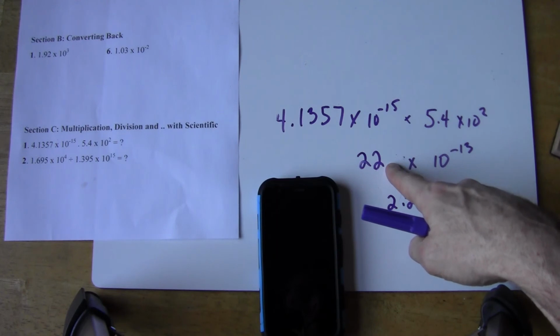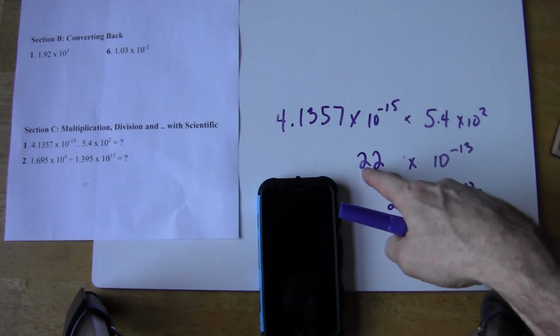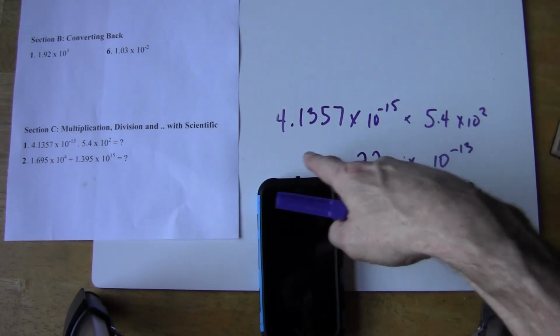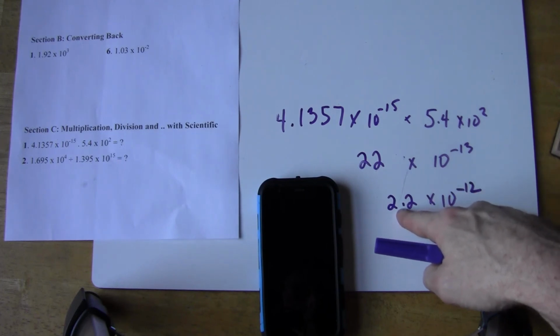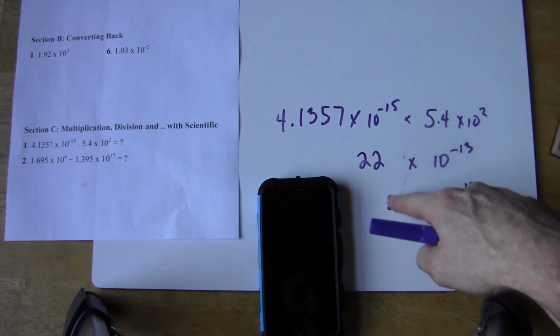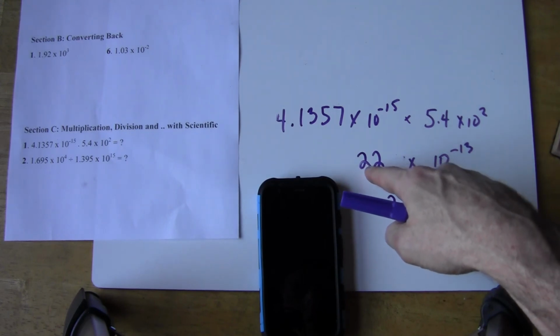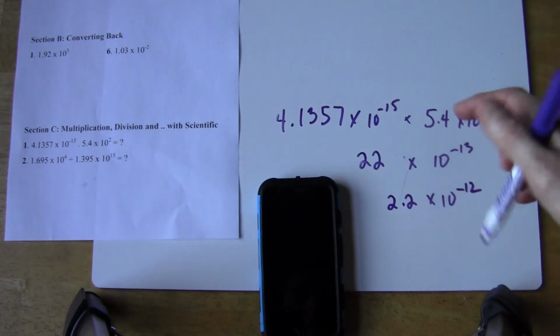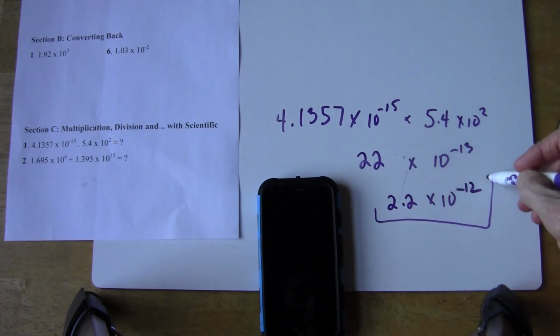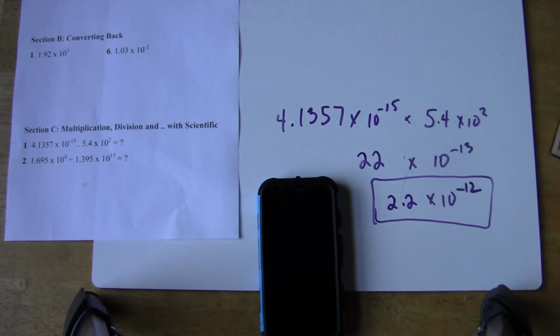If this answer is 22, I would go back 13 places to get to the real answer. Since I brought it back one to start with, just to get it in the right format, I'm only going to have to go back 12 more because I already went back one. So yeah, that's how you do it. Hopefully that helped to see me do that problem and talk you through it. So try the practice problems and let me know if you need any help.